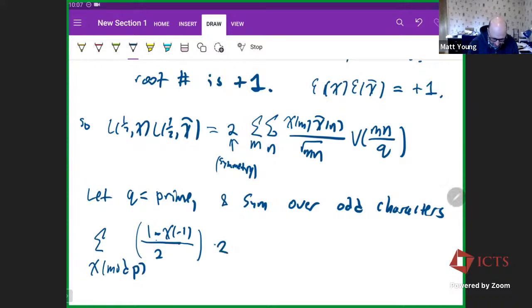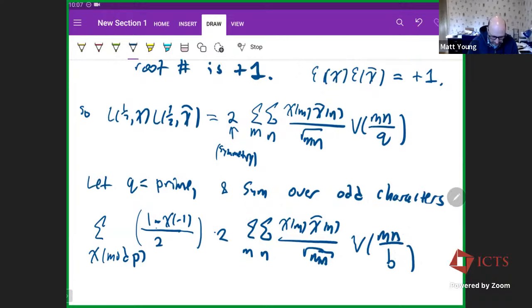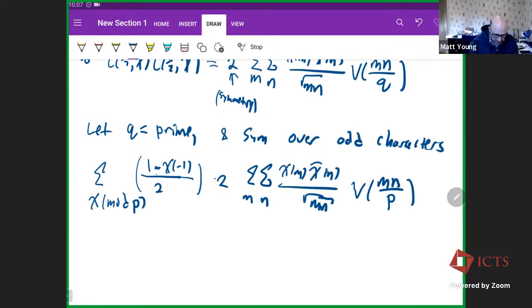And then I plug in my formula for the L function squared. And now q is p. And now you can just use orthogonality of characters. It's quite nice. So the 2 and the 2 cancel.